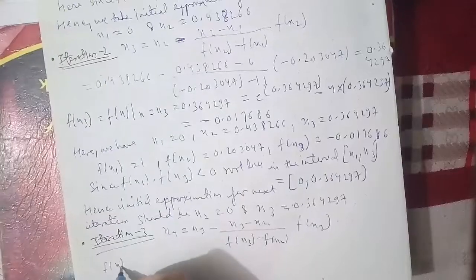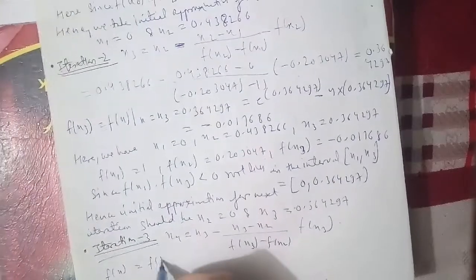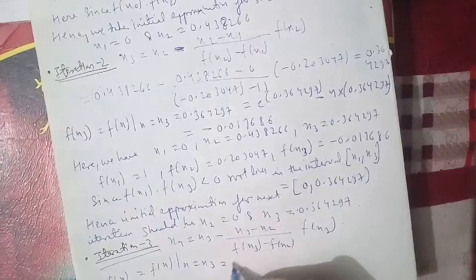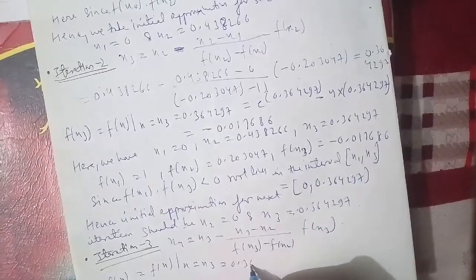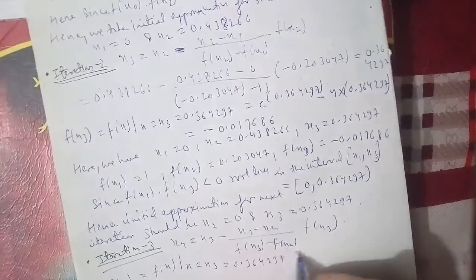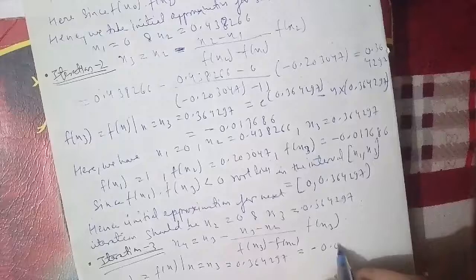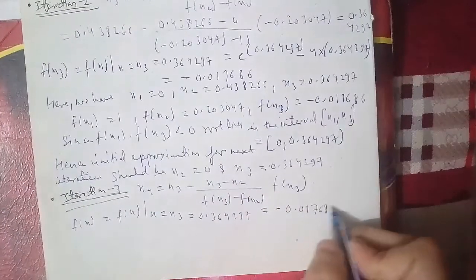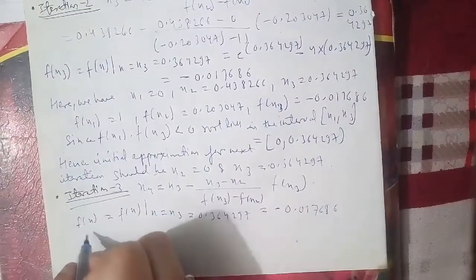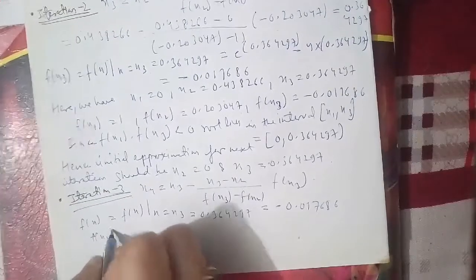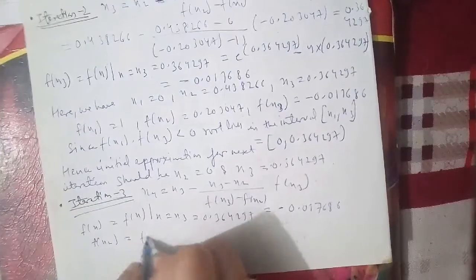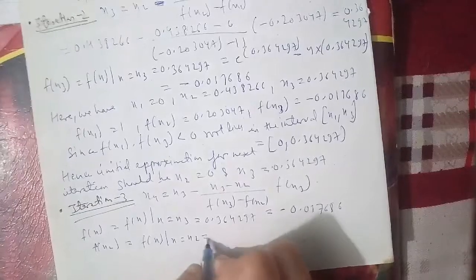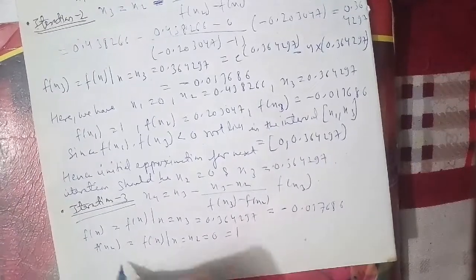We found f(x3) at x = x3 = 0.364297 to be -0.017686, and f(x2) at x = x2 = 0 is 1.